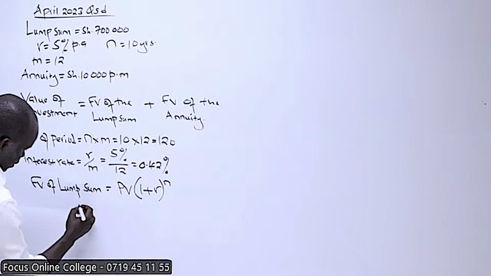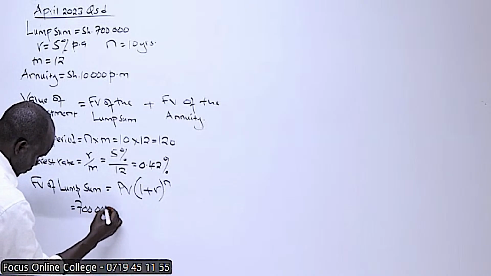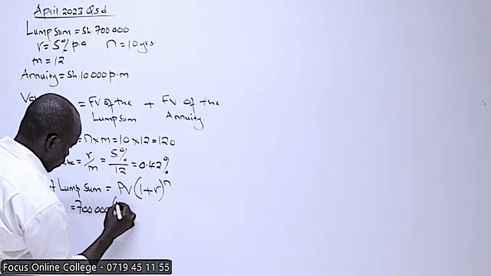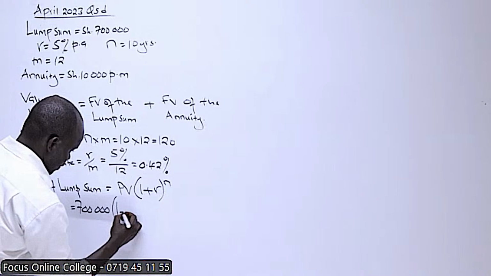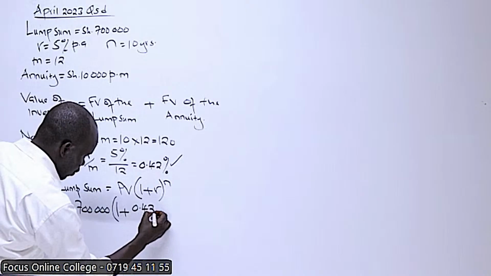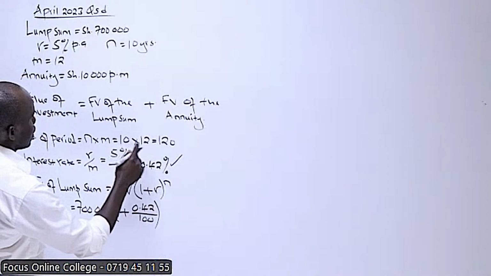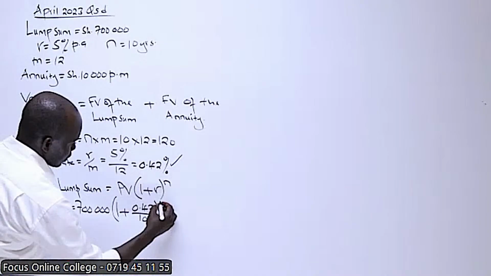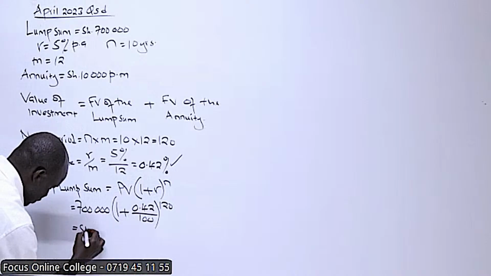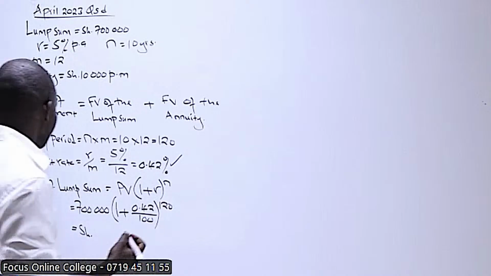So this one will be 700,000 times 1 plus our R, which is now the adjusted one, 0.42 over 100, power the periods, 120. That will give us the future value of the lump sum.